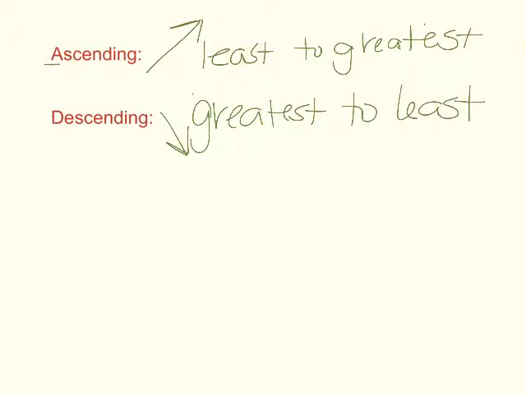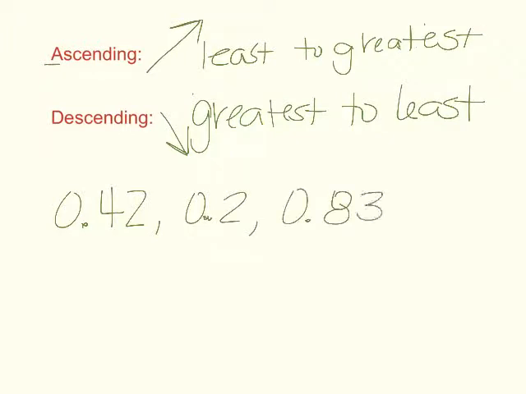Okay? So if we have these numbers here, we need to put these in ascending order. Same thing that we talked about in comparing, you're going to line them up.